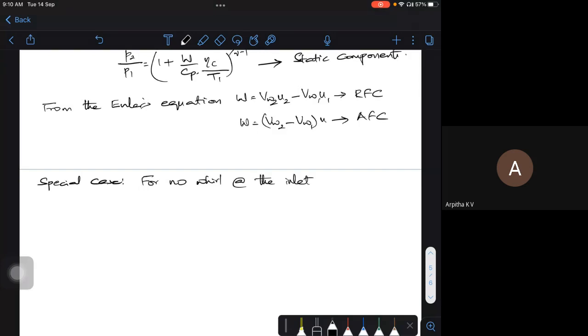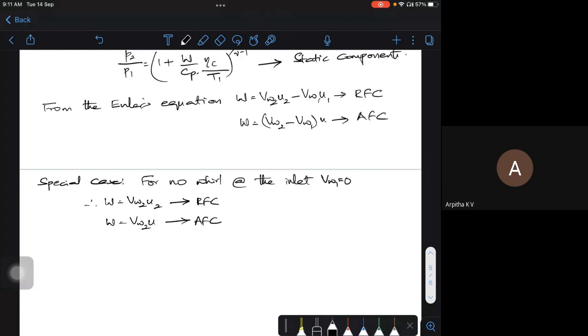What do you mean by it? My VW1 is equal to 0. So in that case, what will happen to your W? Your W will be equal to VW2 into U2 for a radial flow compressor, and your W will be equal to VW2 into U for an axial flow compressor. That's all. This is going to change.